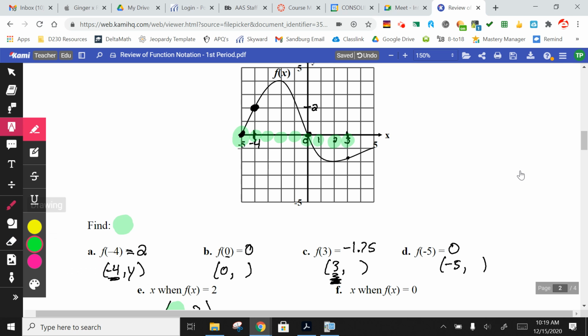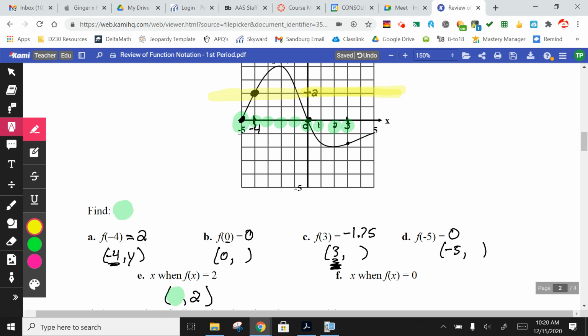So let me do it this way. Let me highlight. So here's the y value of 2. Does our graph cross this value of 2 at any particular x coordinate? Yeah. Do we agree it crosses that value 2 times? Yeah. So we're actually going to be writing 2 different answers here.